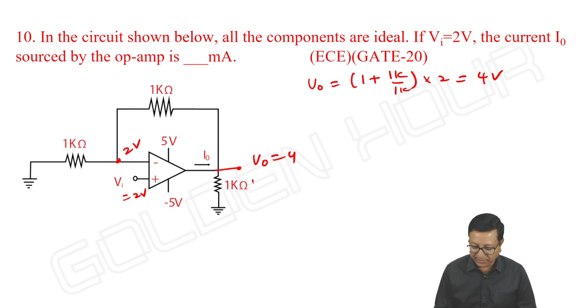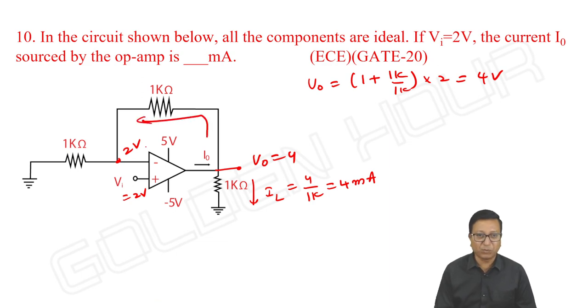And we can take some current here. Let me take this current as IL. What is IL? 4 by 1 kilo ohm, that is 4 milliampere. And there is a current possible like this, I am writing from higher potential to lower potential. And what about this current? Let me take this current as I1.